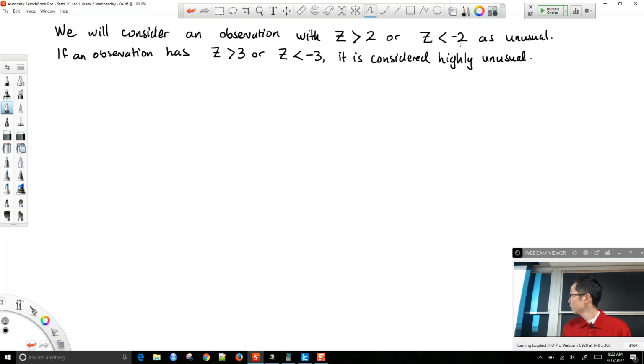And if we are able to calculate z-scores, okay, then we can start making comparisons for observations coming from different groups, okay?